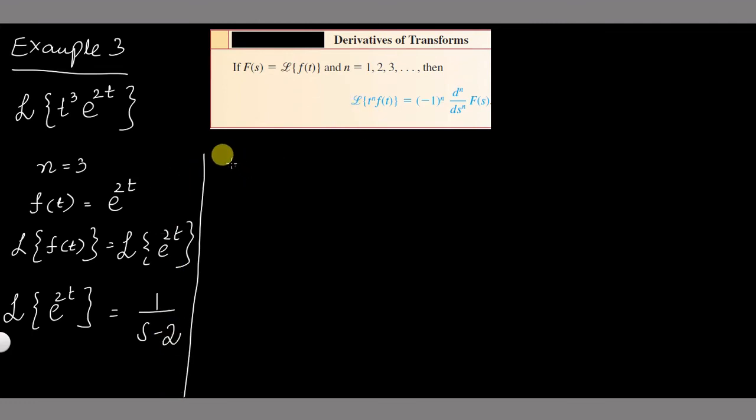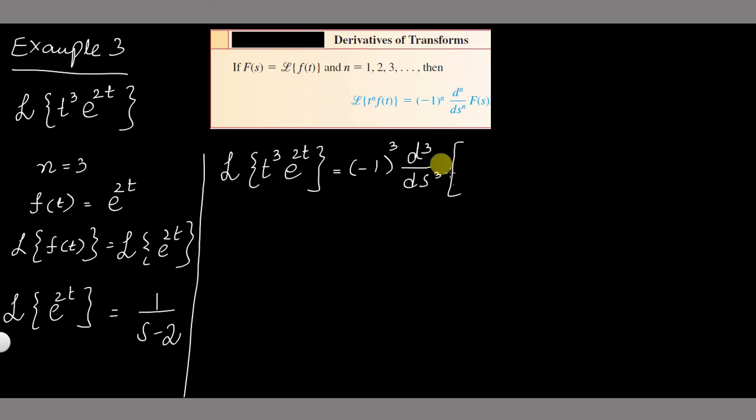And according to this particular formula, n is 3 and f of t is e raised to the power 2t. So minus 1 raised to the power 3, since n is 3, and take the third derivative of F of s with respect to s. Here F of s is 1 over s minus 2.